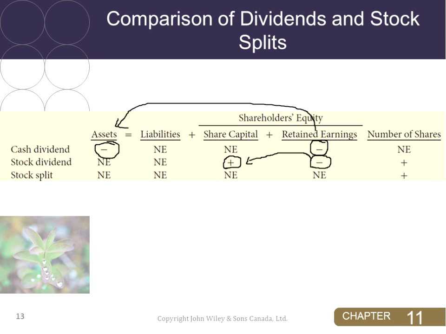So again, we have new shares outstanding and we reduced our retained earnings. So our overall number of shares has gone up. And in the stock split, we have no impact on any of our accounts, but we've increased the number of shares that are outstanding by giving our current investors additional stocks in exchange for what they currently hold.